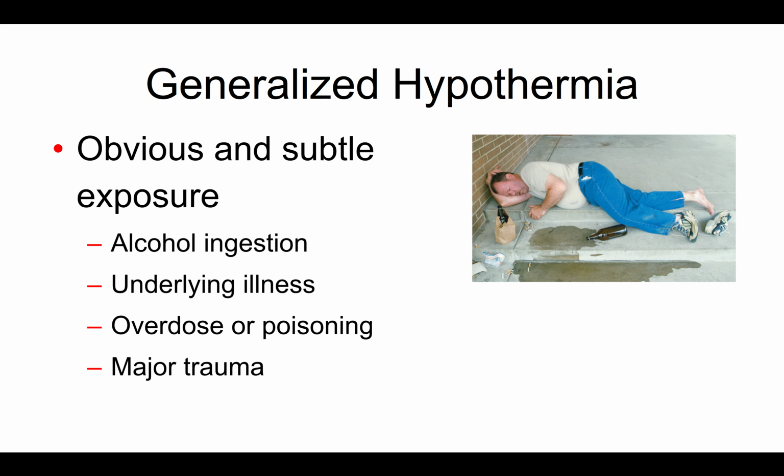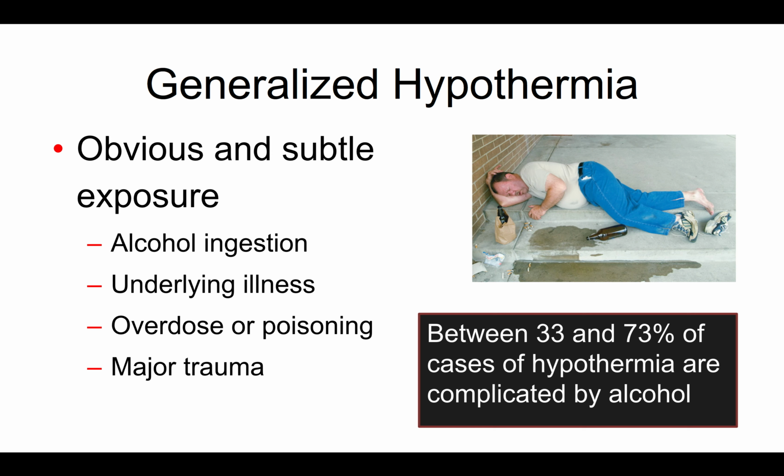All these things can contribute to hypothermia. A large fraction of hypothermia cases are complicated by alcohol. When patients are overdosed on alcohol, they can make poor decisions and wind up in places where they shouldn't be.